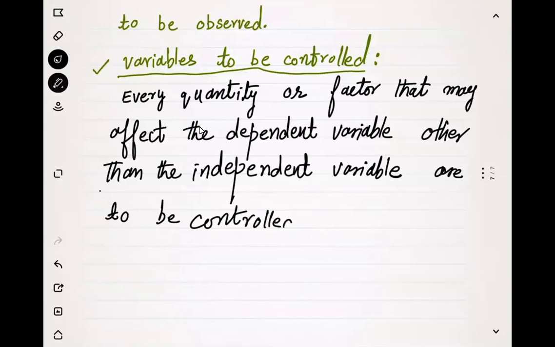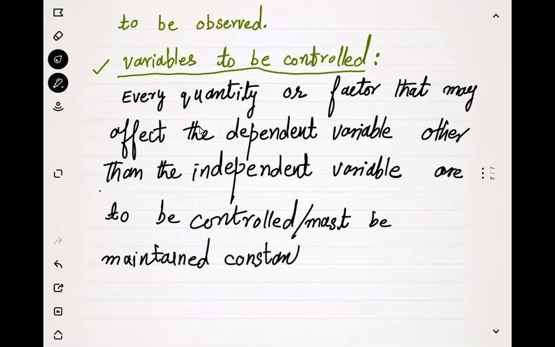Control means they must be maintained constant.